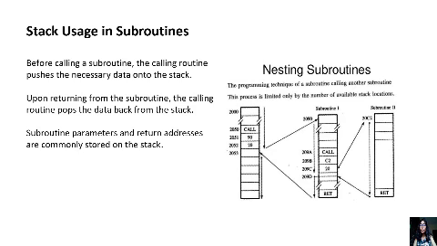Next, nesting subroutines. A subroutine can call another subroutine. This process is limited only by the number of available stack locations. This is subroutine 1 and this is subroutine 2. The addresses are stored on the stack, commonly used in subroutines in a microcontroller.